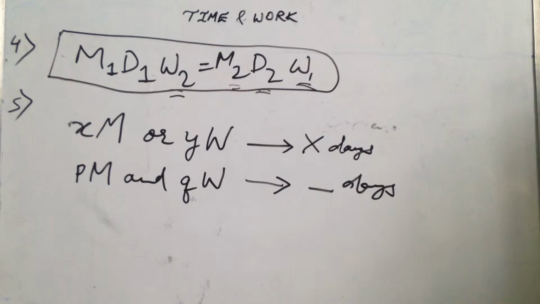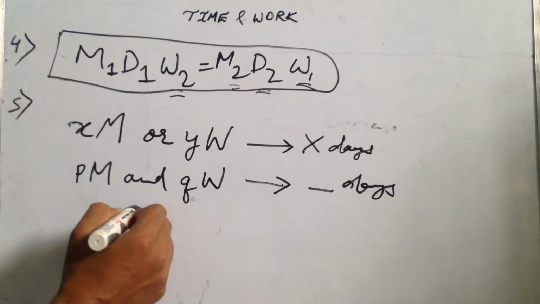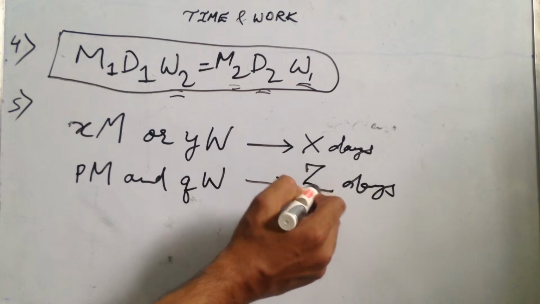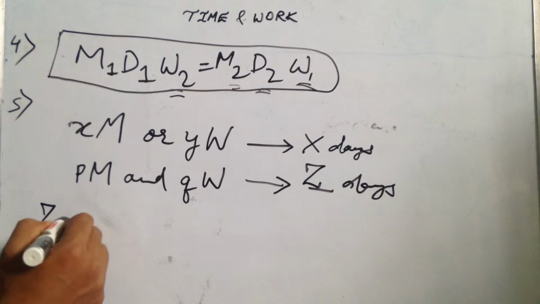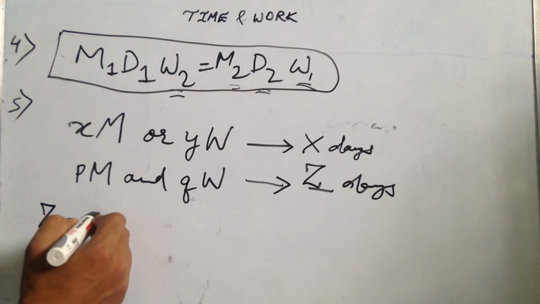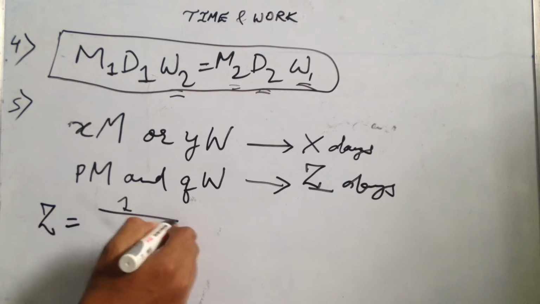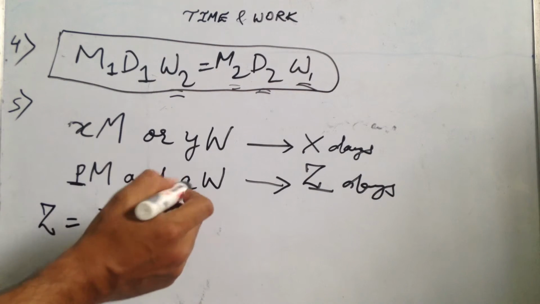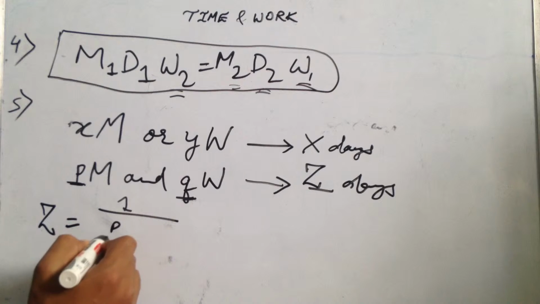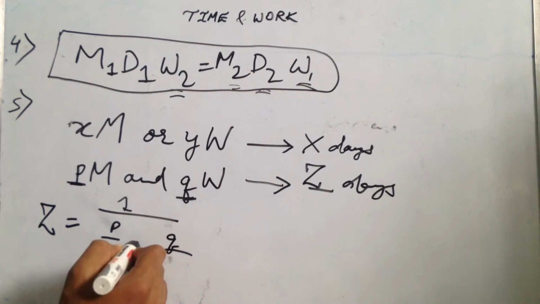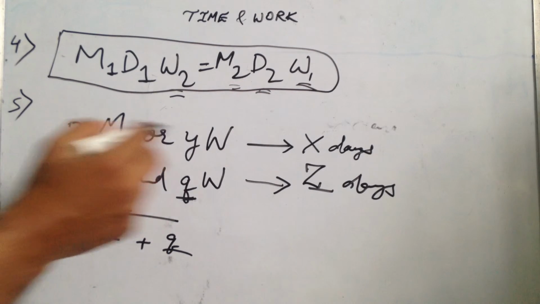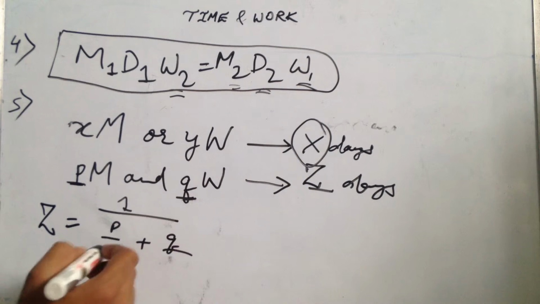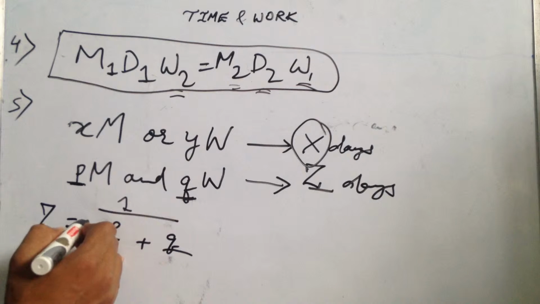So in this type of question, how can we calculate? Let's say the number of days is Z. So Z will be, directly, it's very simple, just remember this and this, P, Q, and here X days.